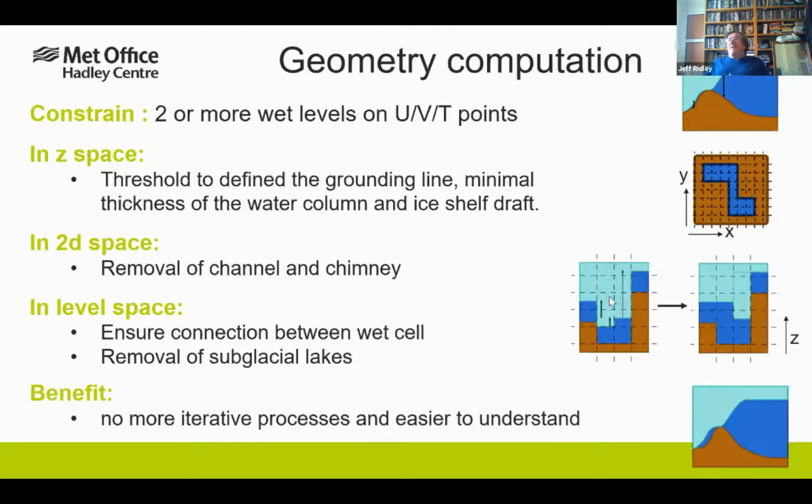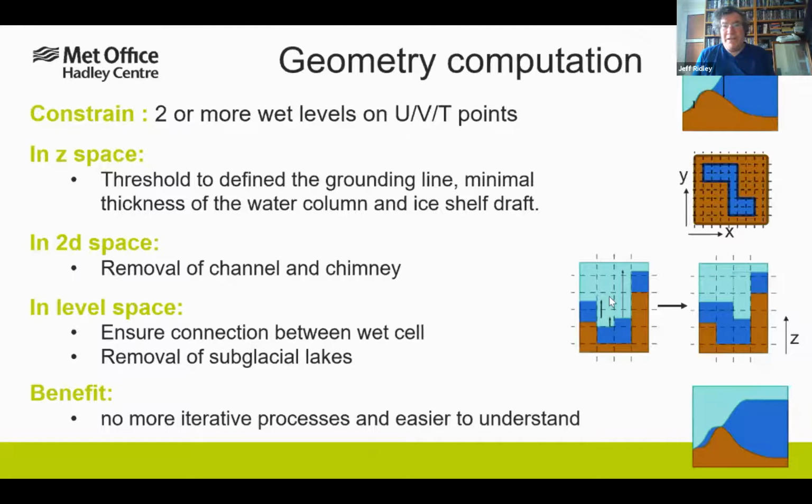But there are several issues to deal with here, because when you regrid the ice shelf back onto the ocean model, you can do all sorts of weird things, because the resolution is so much different than the actual ice sheet model, particularly the vertical resolution.